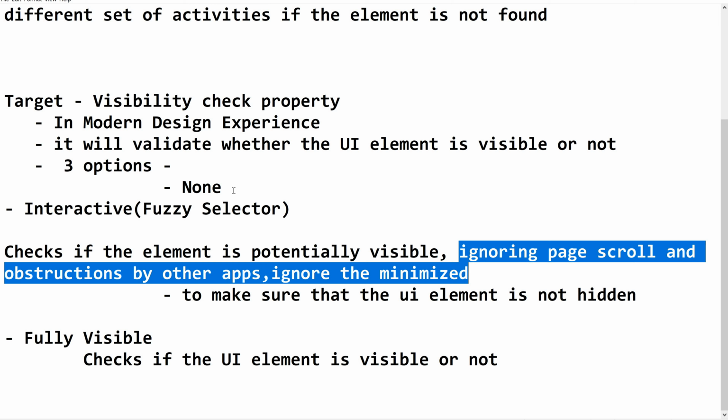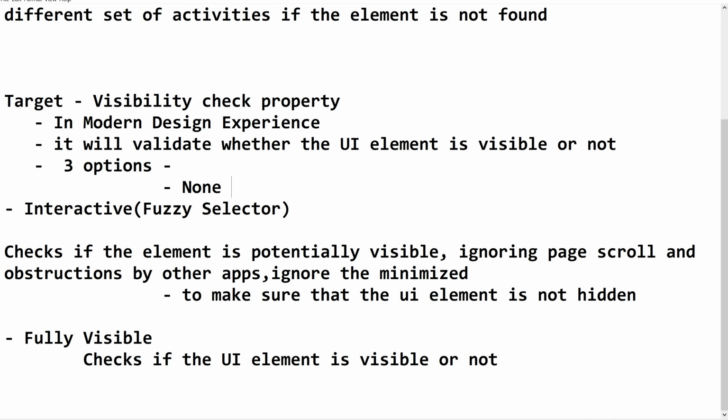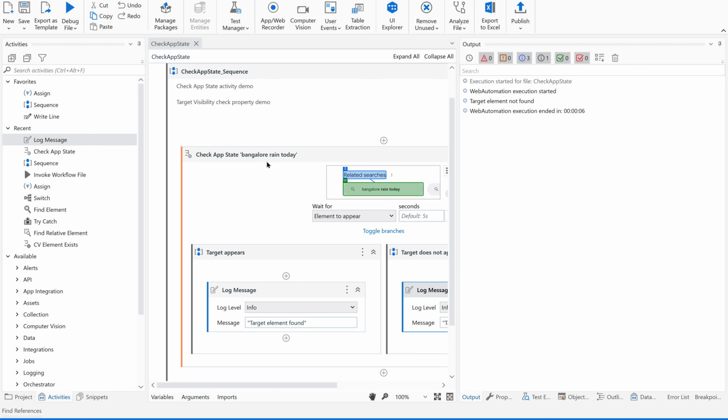So using these three options, none is for something like no use. I don't want to use this visibility check, right? So without checking for the visibility, you are going to use this check abstract activity. So, a quick recap: the visibility check property enhances the way of identifying the element using check abstract.